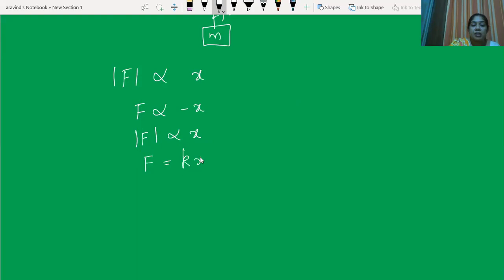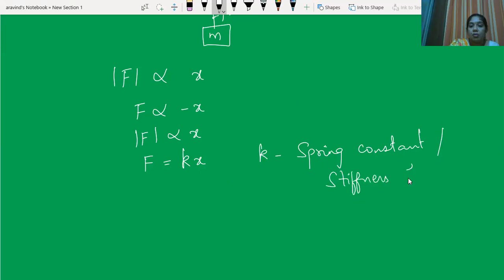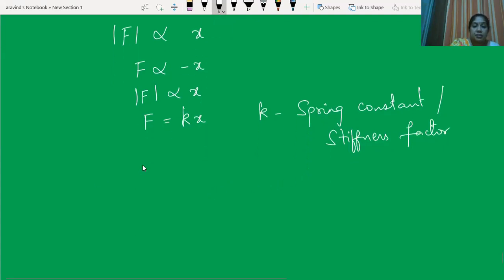Let me say the constant is K, where K is called the spring constant or stiffness factor. So what is K? K is defined as the ratio of F by x.